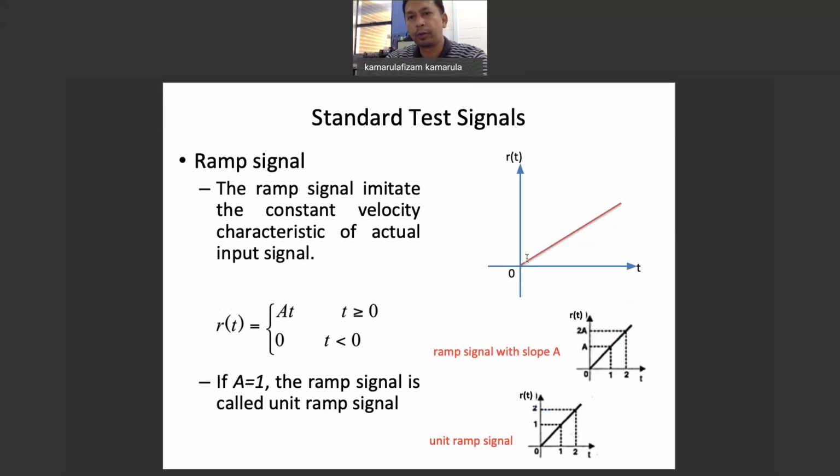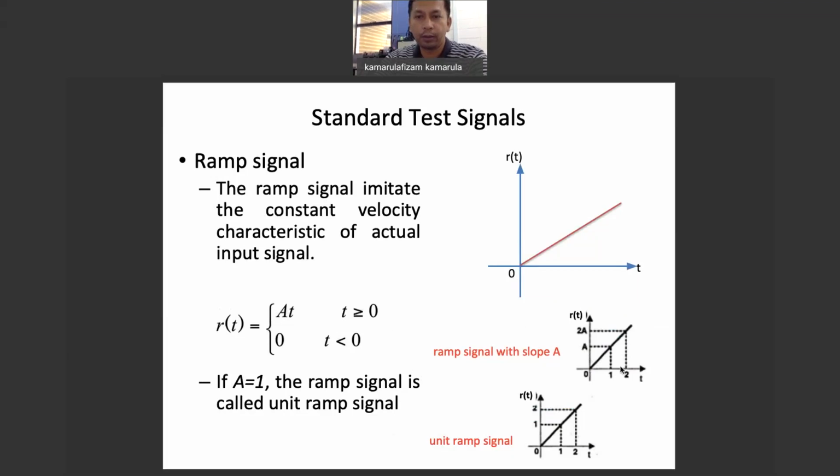You can see the graph going up. So the signal takes A as a function of t. As t increases, the output will increase because A is multiplied by t here. For example, when t is equal to 1, you will have r(t) equal to 1A, or A, which is shown in the graph.